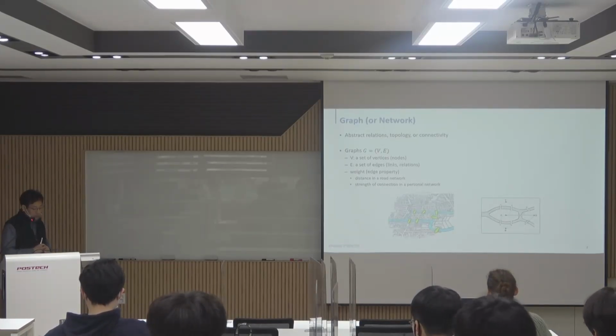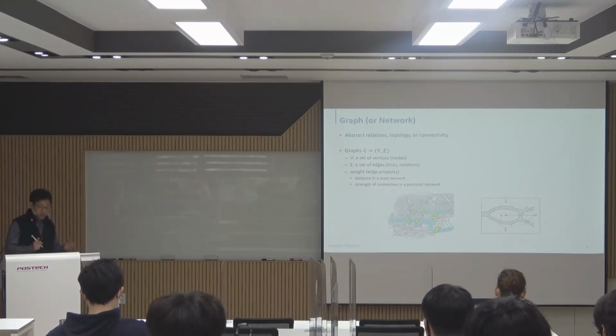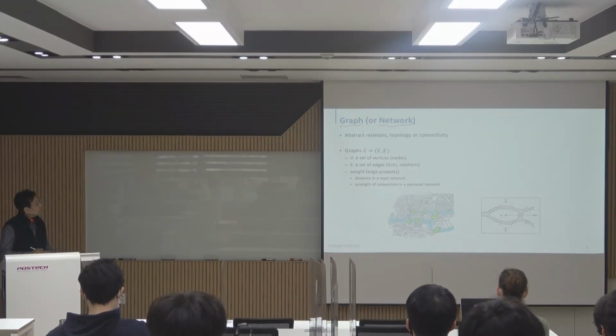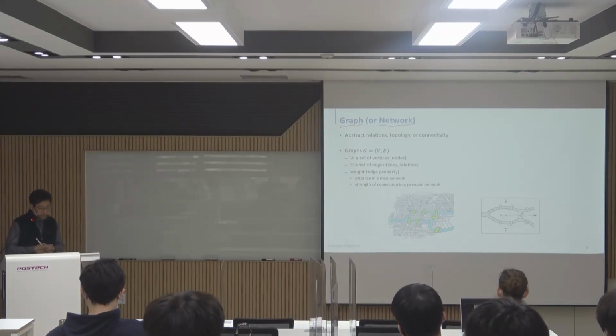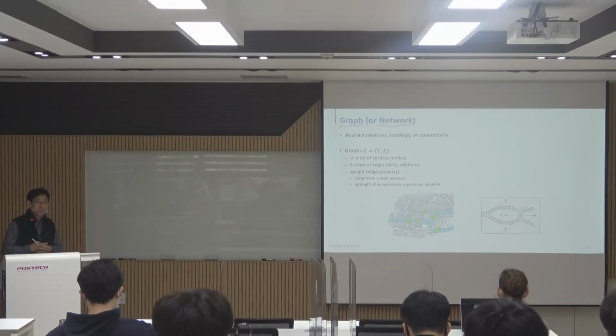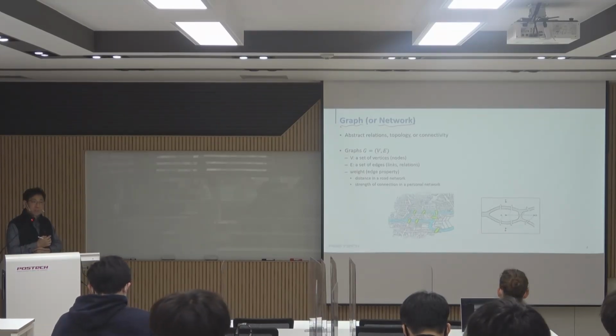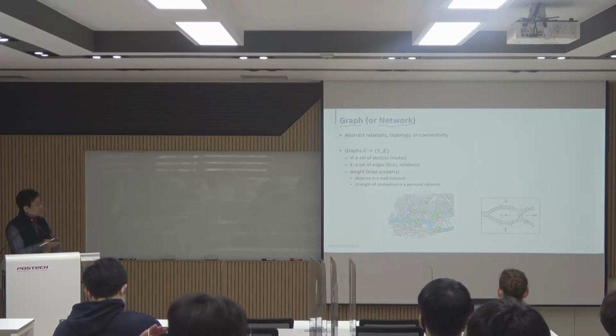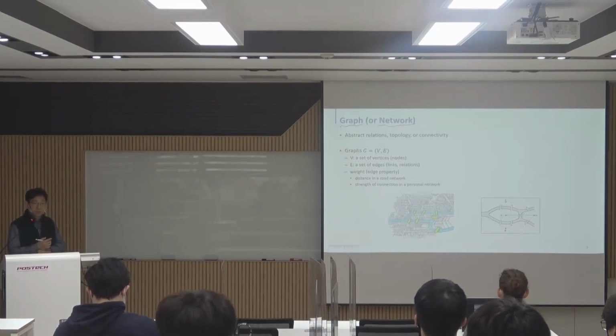People might say graph or network, and pretty much these two are identical. In many mathematical theories we have graph theory, and you might see a lot of engineering applications that utilize the concept of graphs or networks.